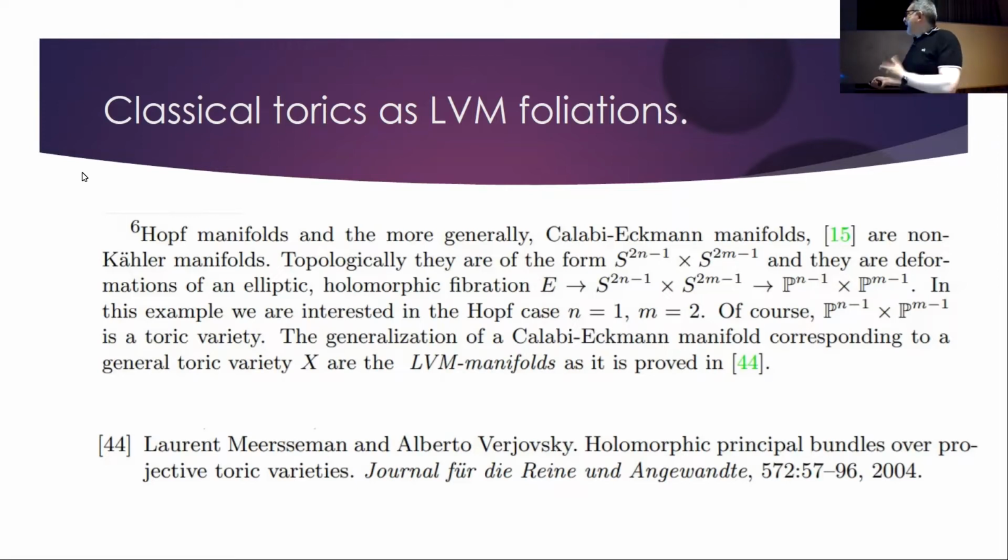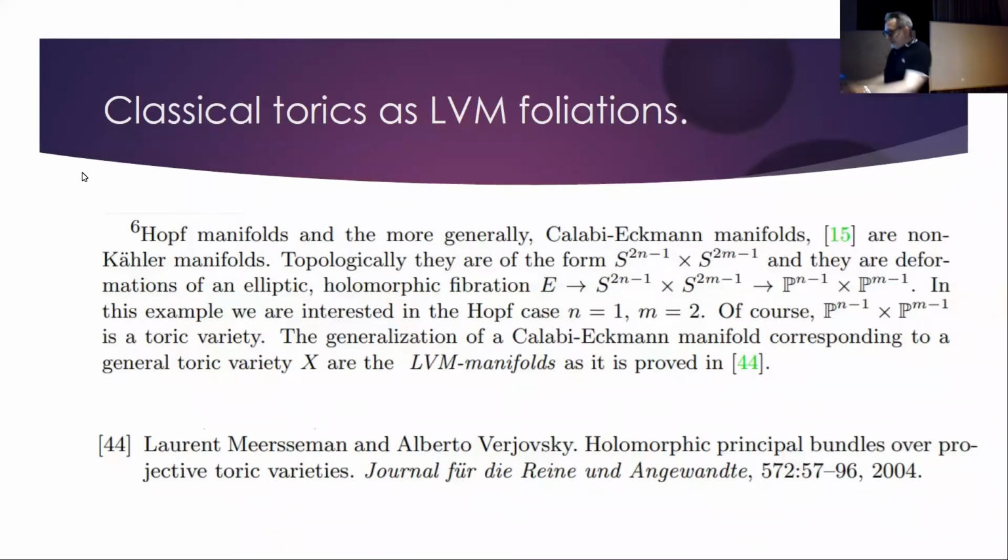And they discovered that every toric variety has an analog of this Calabi-Eckmann product of spheres, that is more complicated. It could be products of spheres and connected sums of spheres and all sorts of things, usually constructible with spheres.